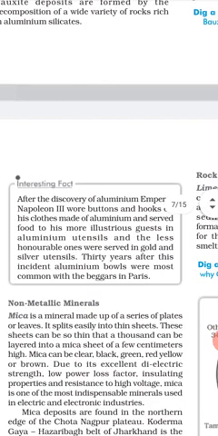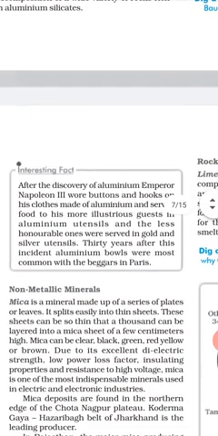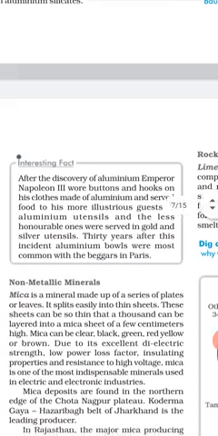Then 30 years after this incident, aluminium bowls were most common with the beggars in Paris. So what an interesting fact it is.